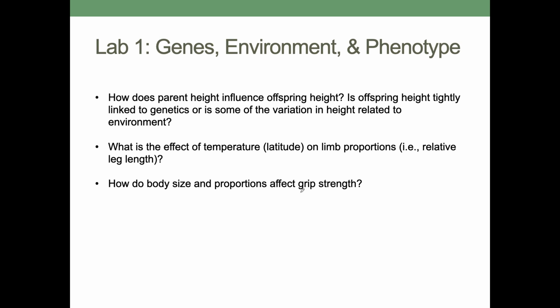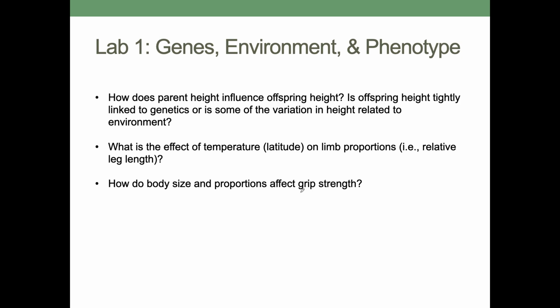And that's related to maximizing volume in cold climates, which volume basically is involved in heat production and retention, versus maximizing surface area in hot climates. And the more surface area you have, the more heat dissipation you experience. And then number 3, how do body size and proportions affect grip strength?